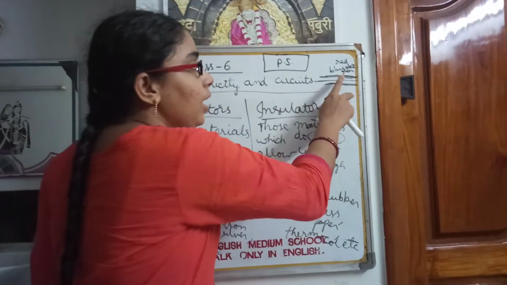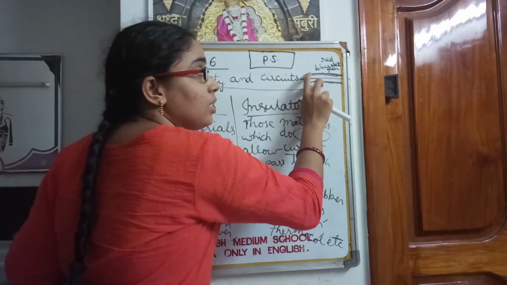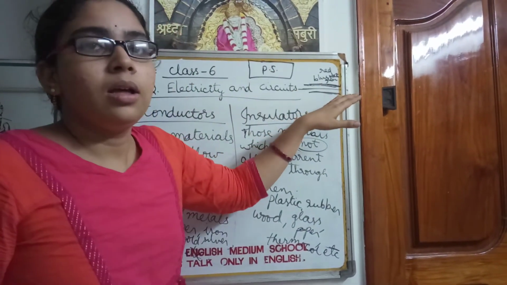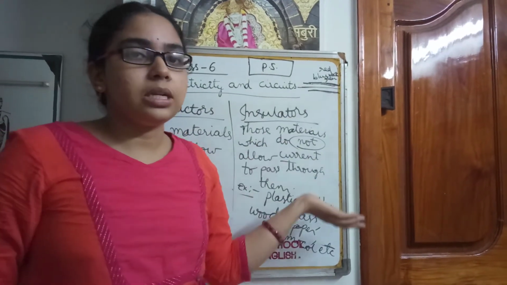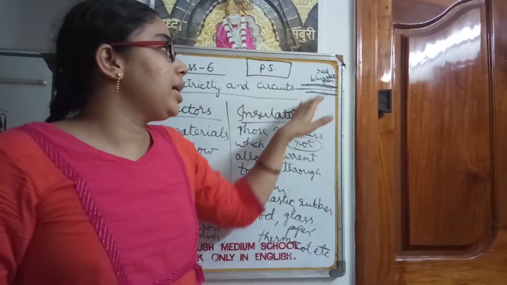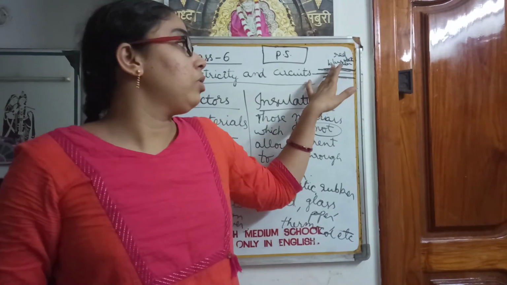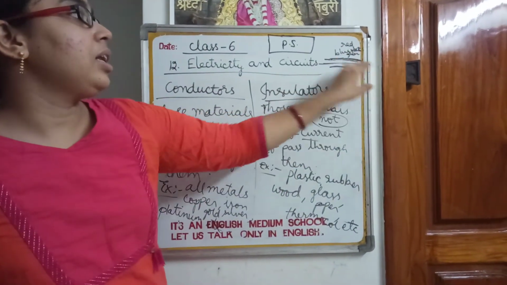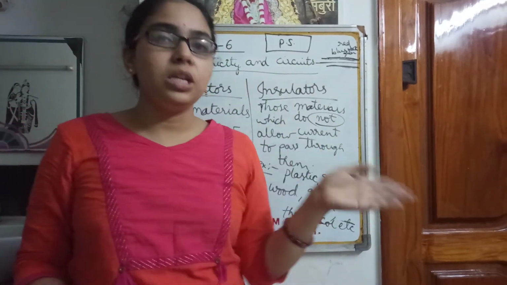So to prevent that, these conductors are provided with a covering. Okay, they are covered with insulators. Why? Because insulators don't allow current to pass through them even though they are in contact with these conductors. So that is why, accidentally if we touch the wire, we don't get any shock.